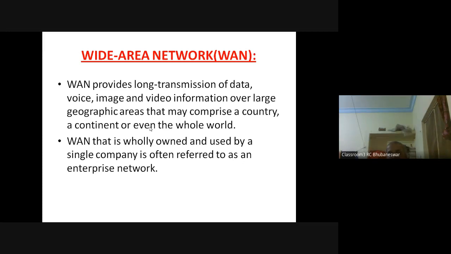In simple language, if a network is extended over a large geographical area, then that network is known as a wide area network. One that is solely owned and used by a single company.